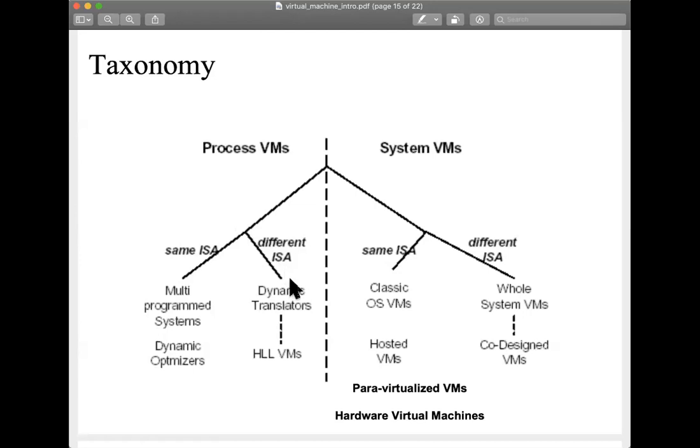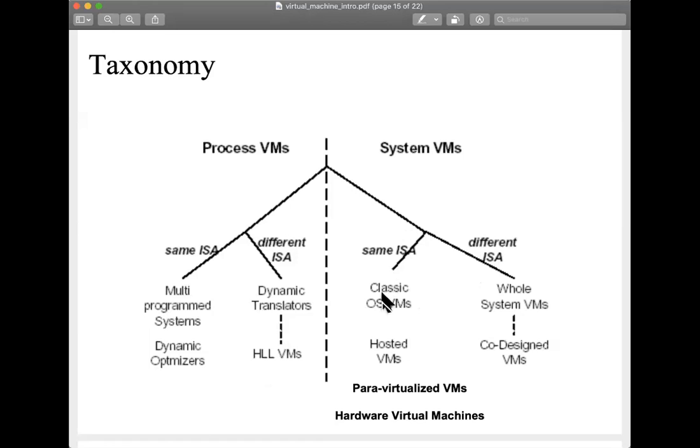We have emulators, which can be interpreters or dynamic binary translators. And we also looked at a special class of these different ISA VMs called high-level language VMs, such as Java virtual machines.